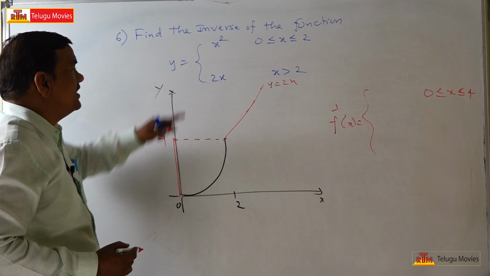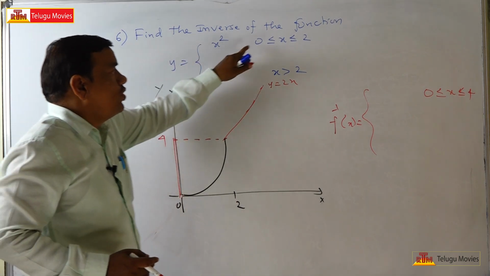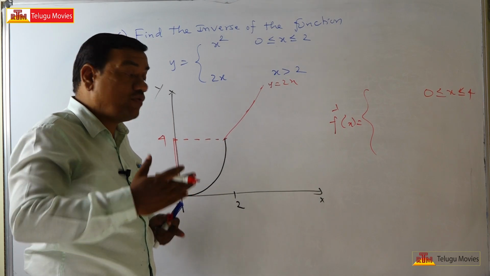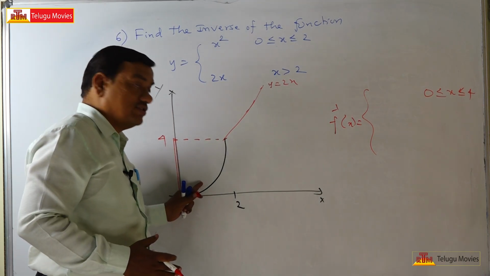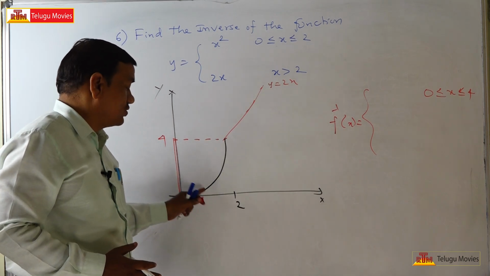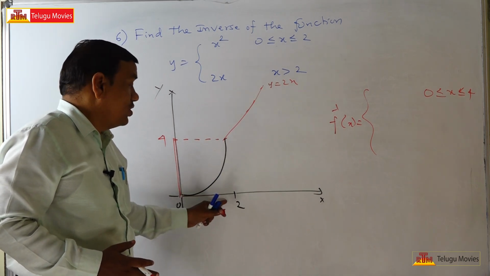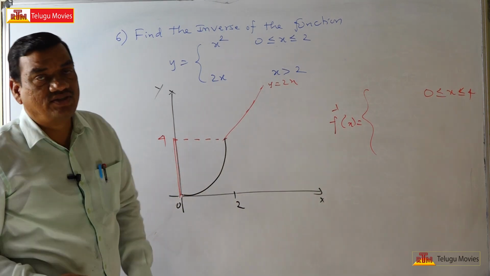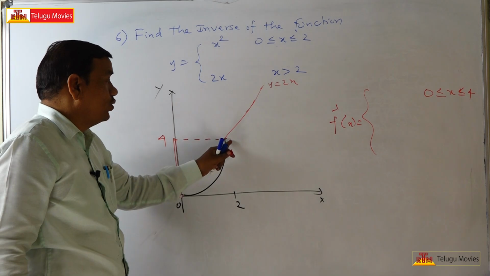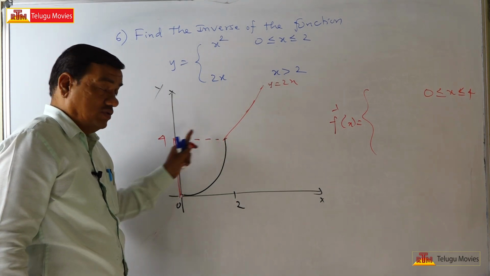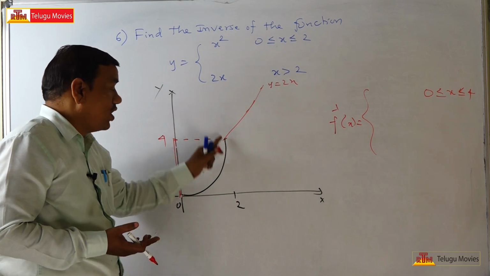See here, from 0 to 2 you are taking x square. If you take 1, 1 square. If you take 2, 2 square. If you take 3, 3 square. If you think in a reverse way, if you take 2, you get 4. If your element is 4, you have to get 2.